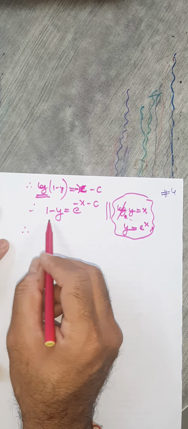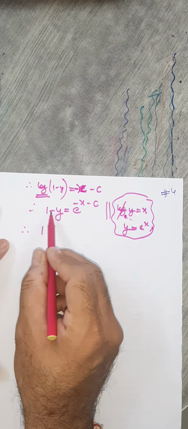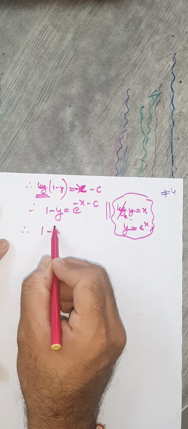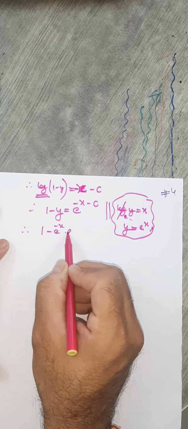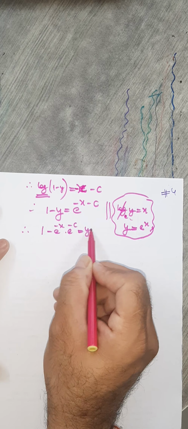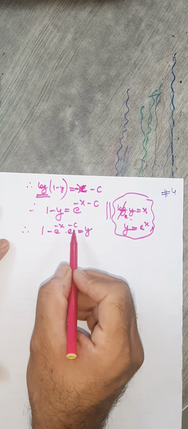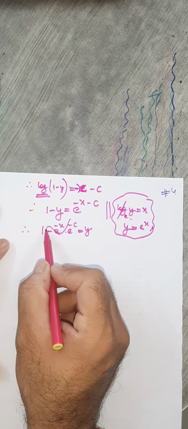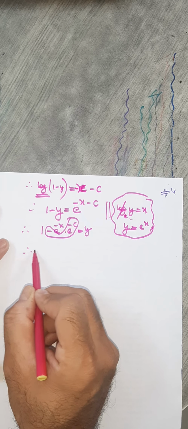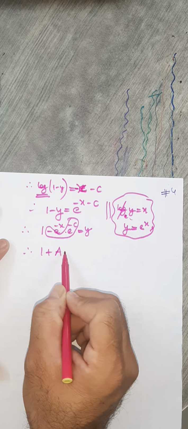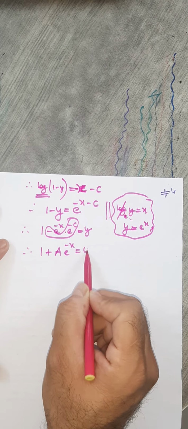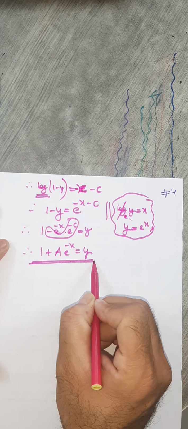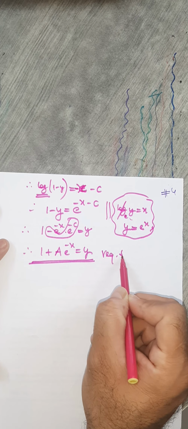I can write 1 minus e raised to minus x into e raised to minus c equals to y. And if you compare with the back-of-the-book answer, you can call this some new constant a. So 1 plus a into e raised to minus x equals to y. This is your book answer, the required solution.